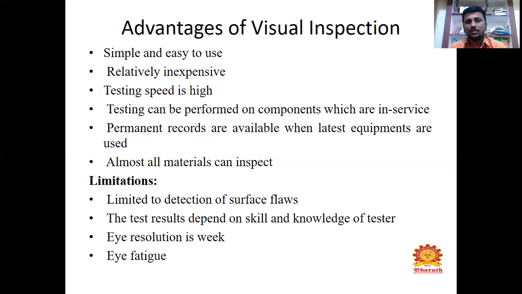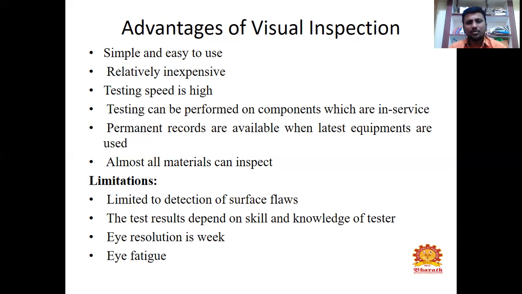The second major one is that results depend on the skill and knowledge of the tester. If the tester does not have that much knowledge in finding defects, they cannot inspect. So good knowledge and a higher skill level are needed to inspect the object in the visual inspection method.